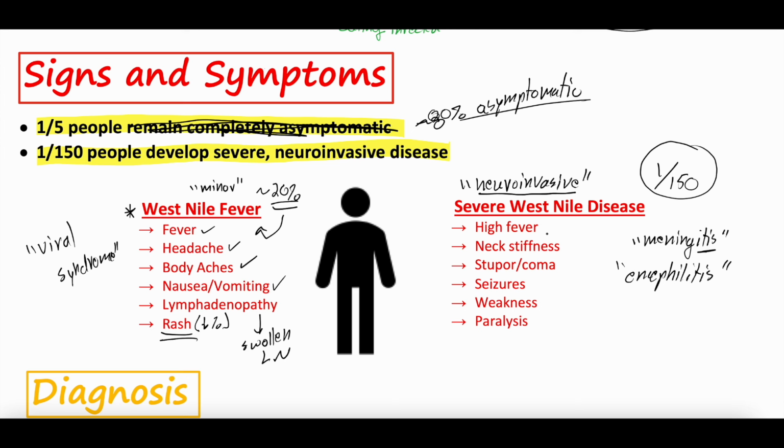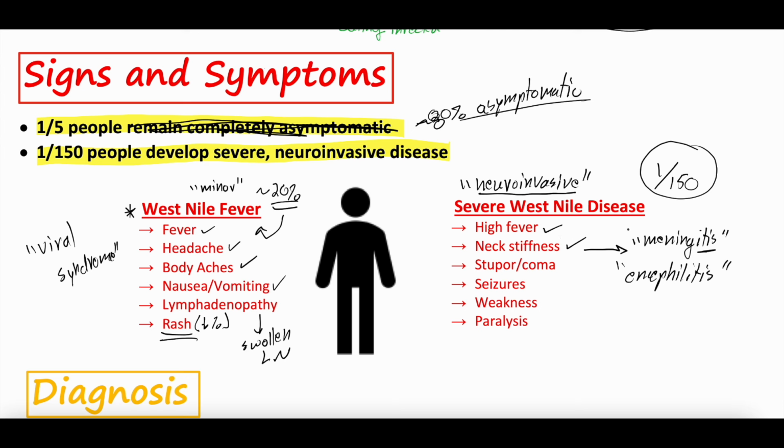And here you get very sick, high fevers, neck stiffness or pain. This is kind of a generic symptom of this meningitis encephalitis, right? Your spinal cord goes from your brain and your head down your neck into your back, right? So if you're bending your neck, it pulls on your spinal cord a little bit. And if you have inflammation of those meninges or the coating, it causes pain.